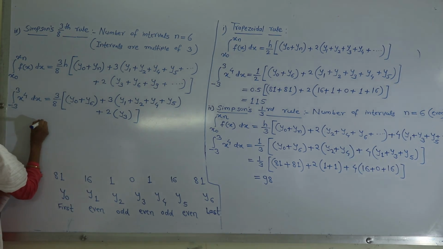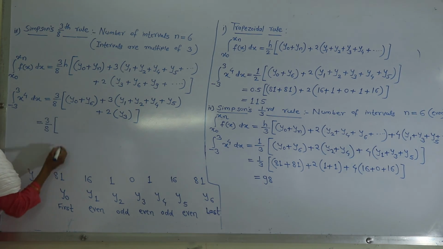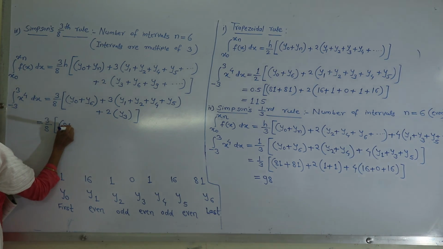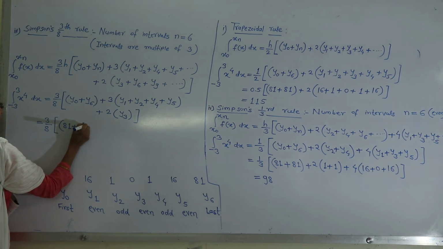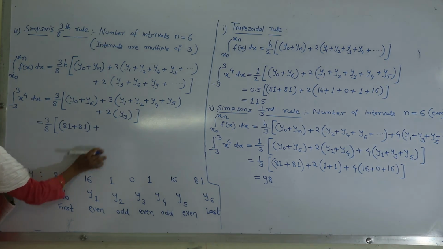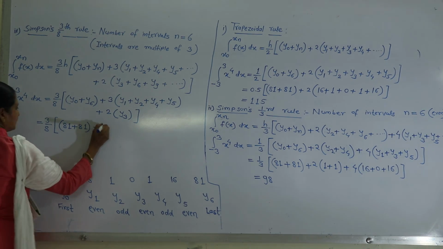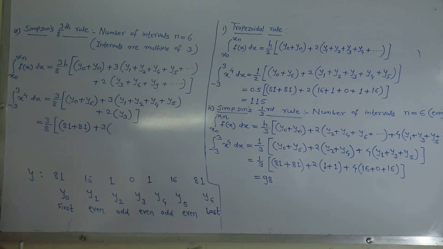Then put these values. 3/8, y0 plus y6. y0 is 81, y6 is also 81, plus 3 times y1.